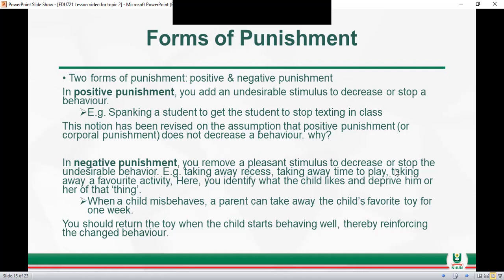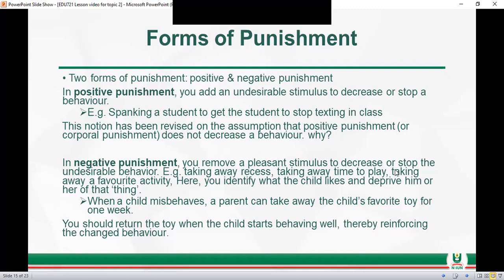For instance, the child likes to play football during the break time. You will find out that it wouldn't even get up to 2 days. That child will want to behave well again, because the child wouldn't want to forfeit playing football during the only opportunity he has in school, which is during the recess, during the break time.